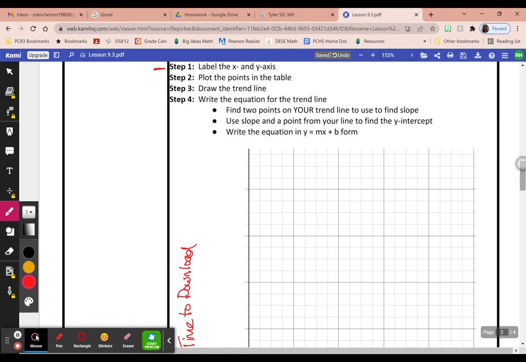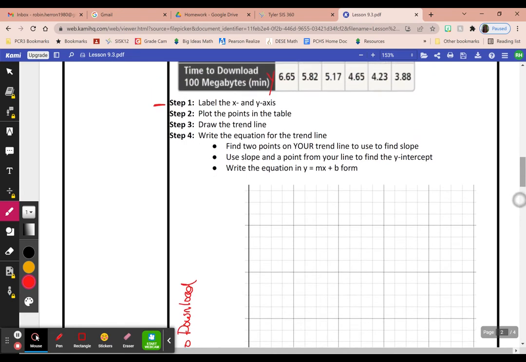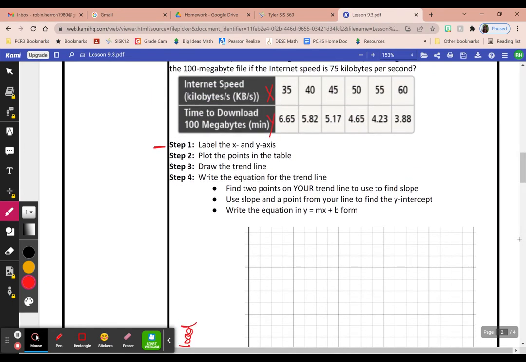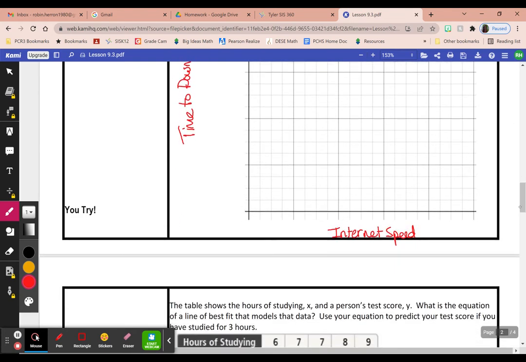Well, we're going to have to be able to label our intervals first. So when I'm looking at this, my X's are 35, 40, 45, 50. So I'm just going to count by fives. And I'm going to make a little kind of break in my graph to say that I'm going to start this with 30, and then 35, and then 40, and then 45, 50, 55, 60, 65.